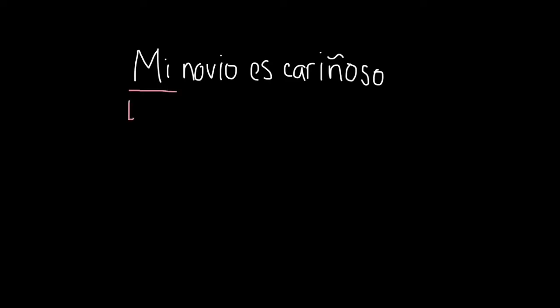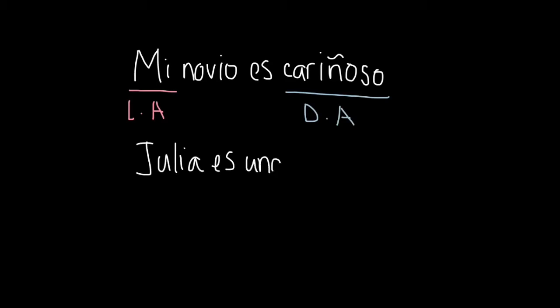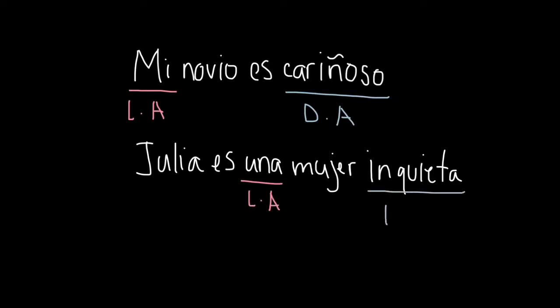So let's take a look at a couple of examples. Mi novio es cariñoso. Mi is the limiting adjective, and cariñoso is the descriptive adjective. Now, if we look at Julia es una mujer inquieta, una is my limiting adjective, and inquieta is my descriptive adjective.